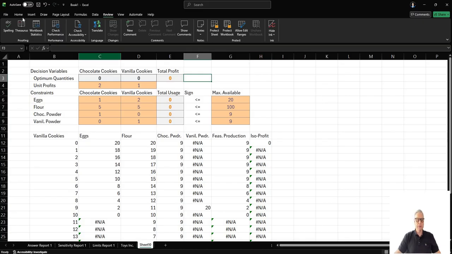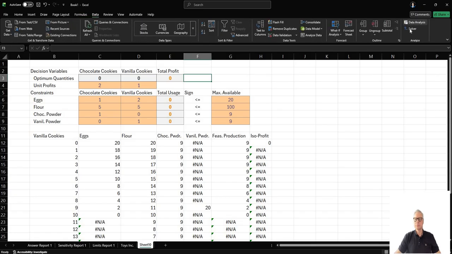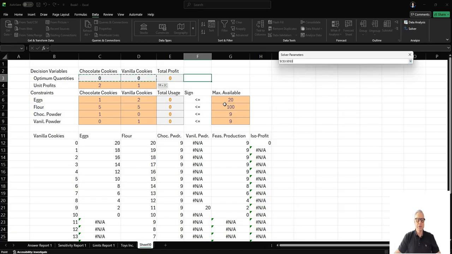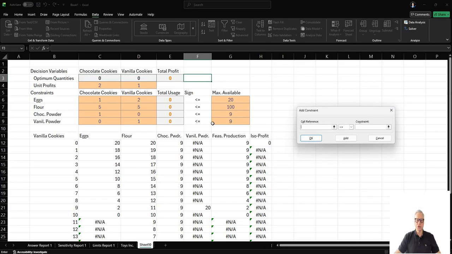So we go to Data, Solver. Okay, so now our objective function that we maximize is total profit. We want to change these values that currently say 0. And now we use the constraints.